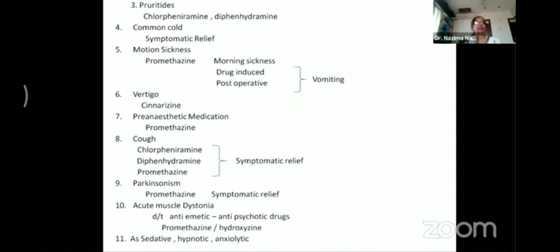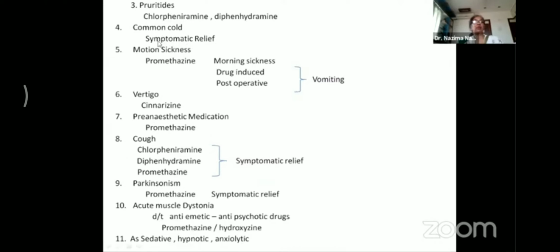Then pruritus, these are the major indications of the H1 antihistaminics. The older ones, especially chlorpheniramine maleate and diphenhydramine, are the drugs which are commonly used in case of pruritus. Then in case of common cold, these drugs cause a symptomatic relief.